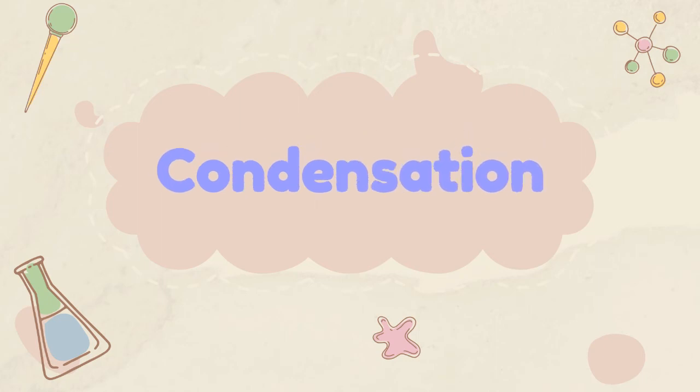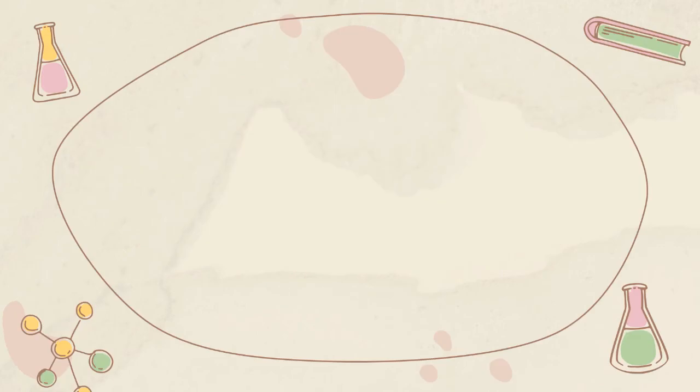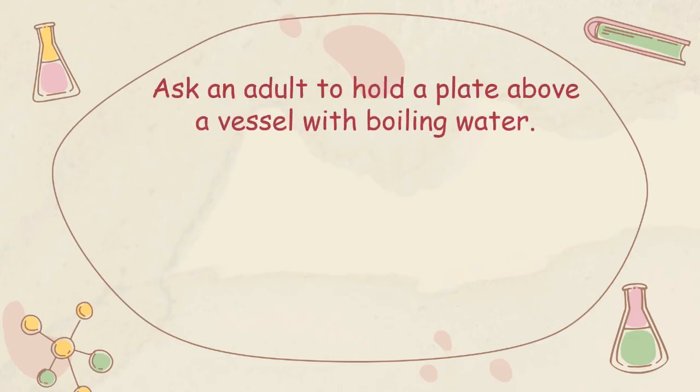Condensation atau pengembunan. Bisa juga disebut dengan kondensasi. Ask an adult to hold a plate above a vessel with boiling water. Mintalah orang dewasa untuk memegang piring di atas wadah yang berisi air mendidih.